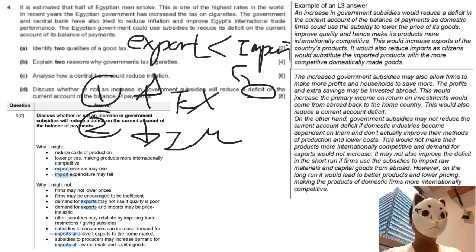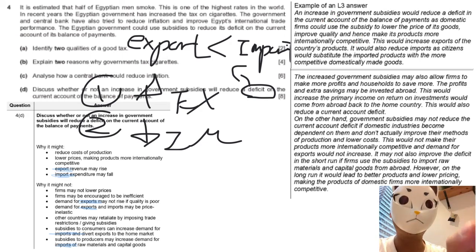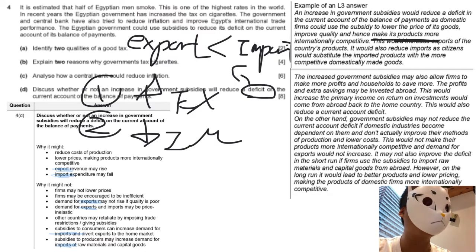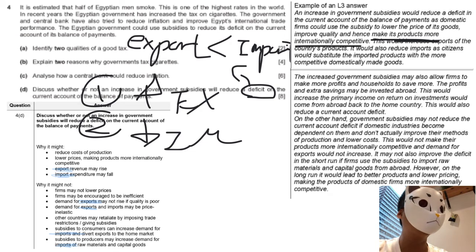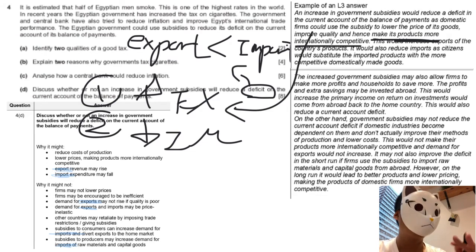So we might take a look at the answer on the right hand side. First of all, it argues that it might make your products more competitive. If the government gives money to the local producers, they might lower the price. So this might raise the export.